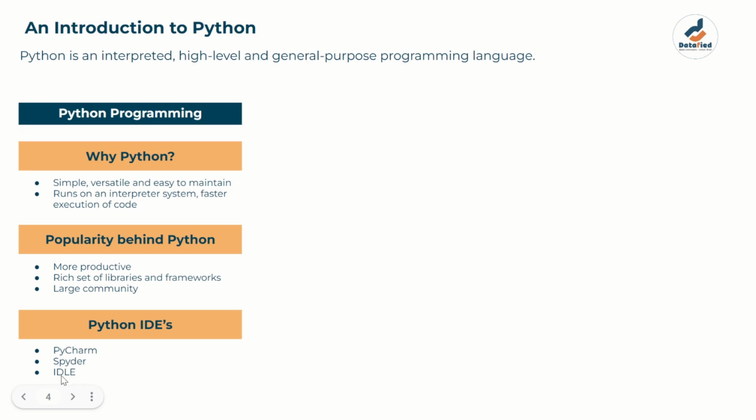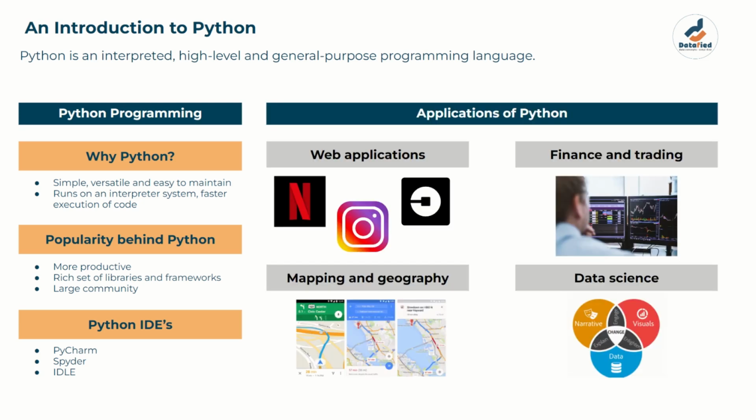Python IDLE is what you get when you install Python directly on your PC. You have Spyder and PyCharm from Anaconda. We're going to look at that shortly. Jupyter Notebook is one of the Python IDEs, which means that we can use Jupyter Notebook to write Python code or Python syntax.